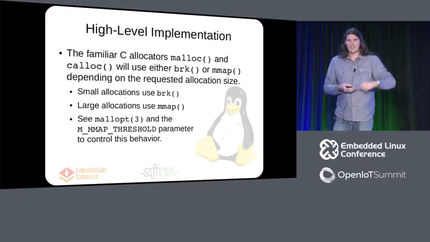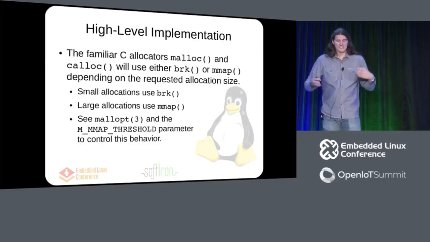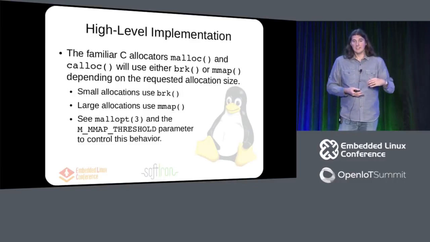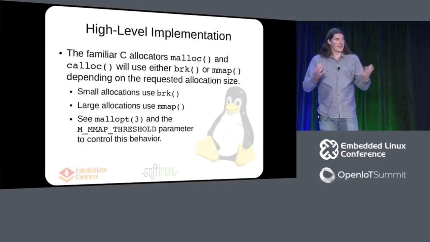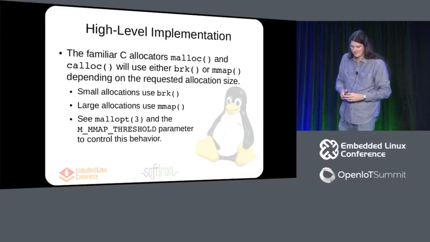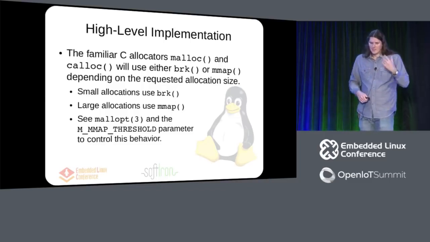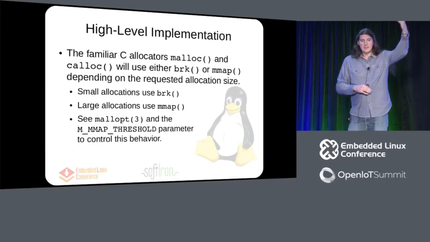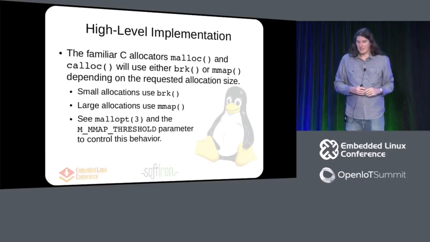If you have a 4K page allocated and you're allocating small buffers of maybe 256 bytes, further calls to malloc don't have to actually do anything kernel-wise. They just do the bookkeeping and give you new blocks of 256 bytes, for example. So small allocations will either do that, or they'll use brk to increase the heap size when it becomes necessary.